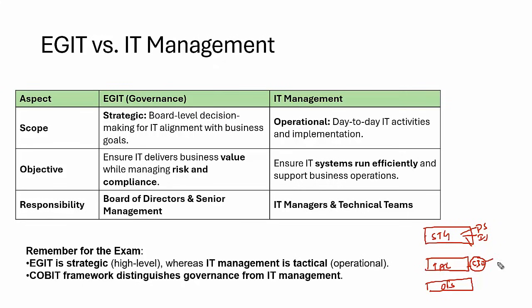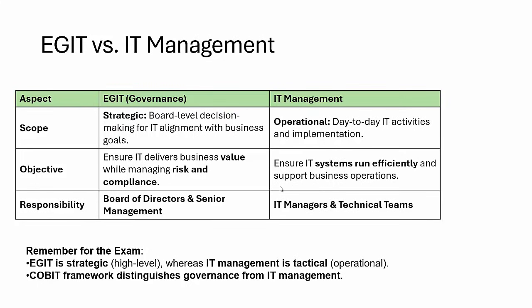On the tactical side, we're creating our own strategy for the overall organization, like we need information security, we need automation, we need a data center, and then at the operation level, we implement those controls. Is it clear? That's why we say EGIT is strategic high level, whereas IT management is tactical level. And COBIT has basically differentiated these two things.